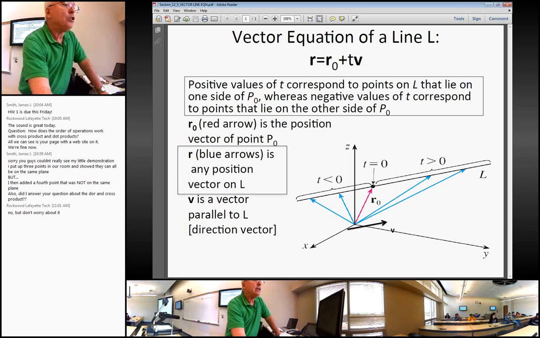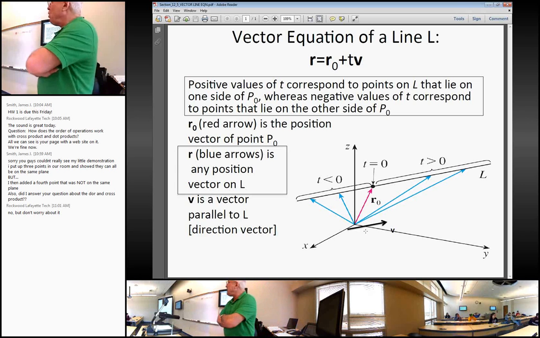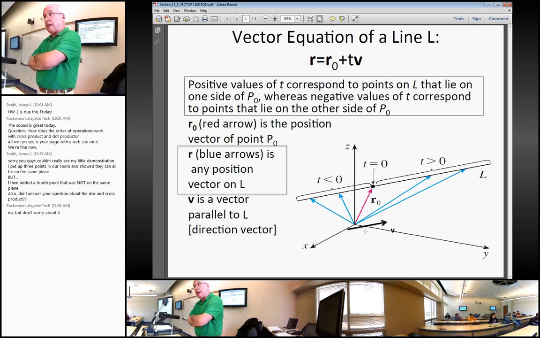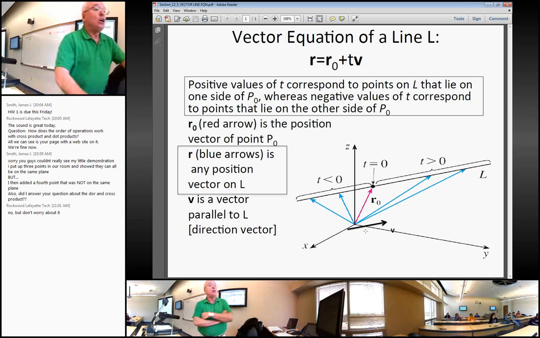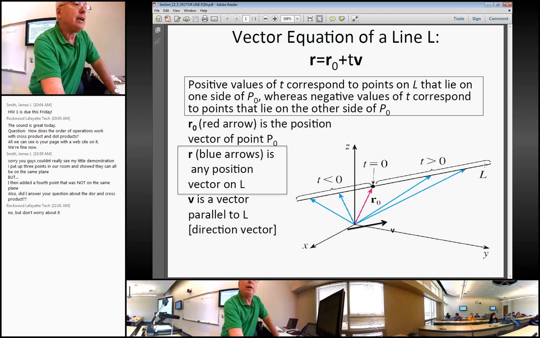Now, t can go from 0 to have positive values, negative values. Down here, this dark black vector that is parallel to the line is our direction vector. So basically, we're going from this point here, and depending on what our value of t is, we're going to be adding on a multiple of this direction vector, which is parallel to this line.